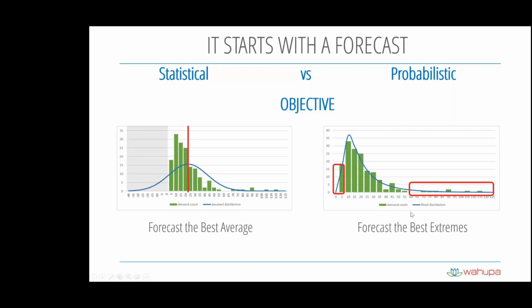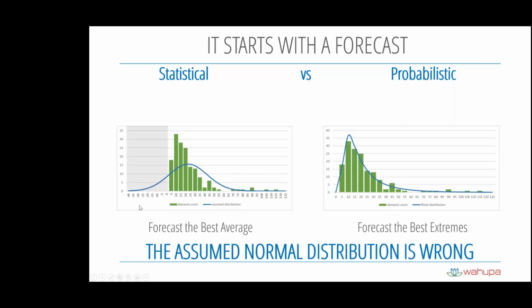The probabilistic view of the world, both in forecast and in plans, is that the average doesn't matter. No company ever got into trouble when the average situation occurred. What matters is when we get an extremely low or an extremely high demand situation. So if you get those right, you can deal with issues much more accurately with regards to service level and with regards to obsolescence.